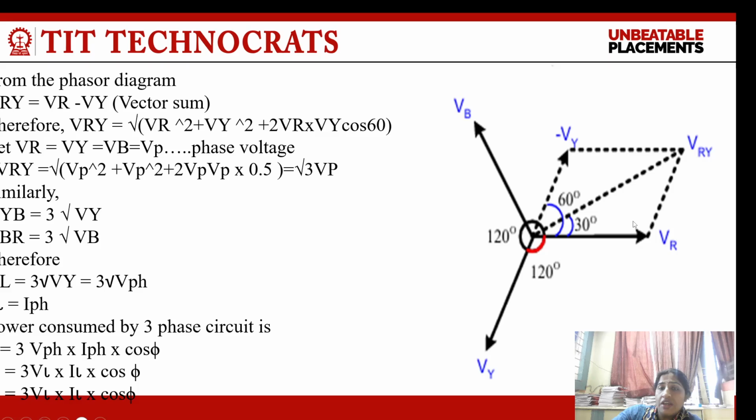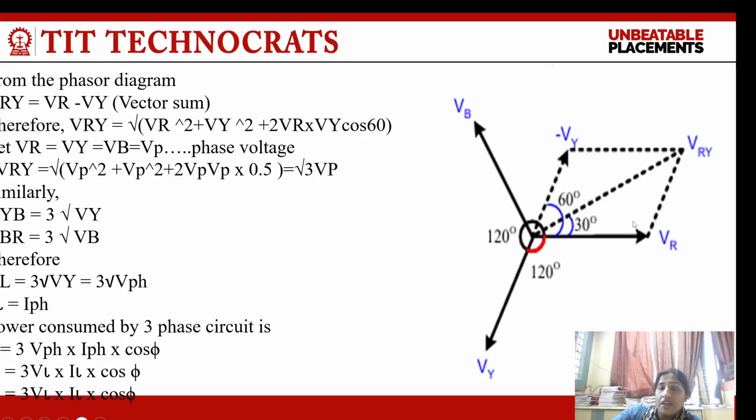If we extend the negative line, we can see clearly that the angle between the two positive ones is going to get bisected. If this is an angle of 120 degrees, it is going to be bisected by an angle of 60 degrees.